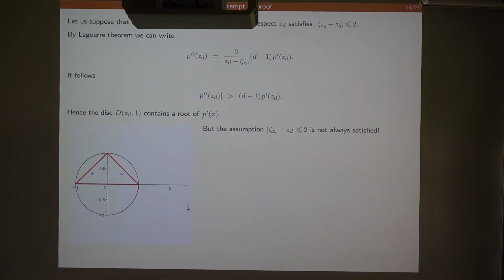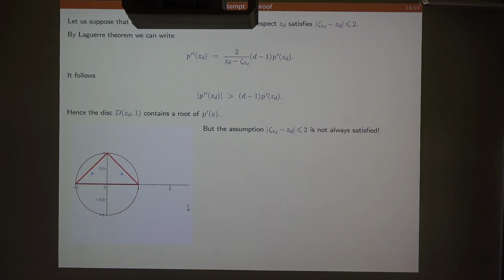I write this expression, and with this assumption you can immediately prove that the disk centered in ZD with radius 1 contains the root of P prime. And the conjecture is proved.